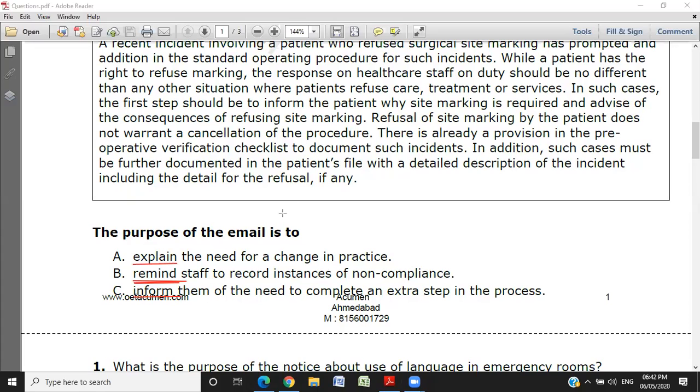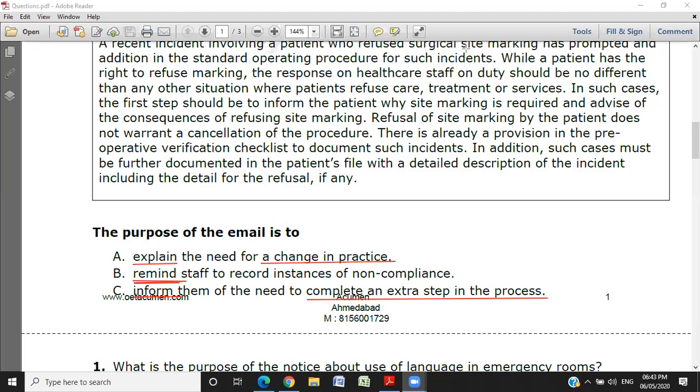Now I have two options: a change in practice, or inform them that they need to complete an extra step in the process. So now tell me, guys, whether it is a change or an extra step.